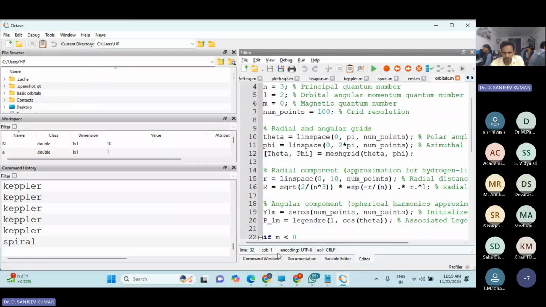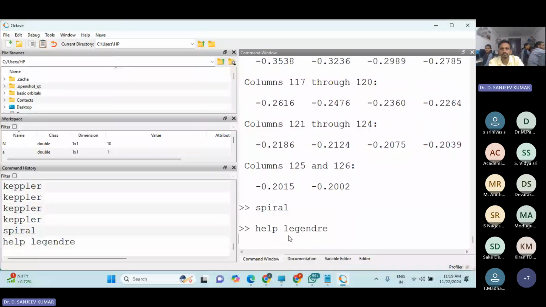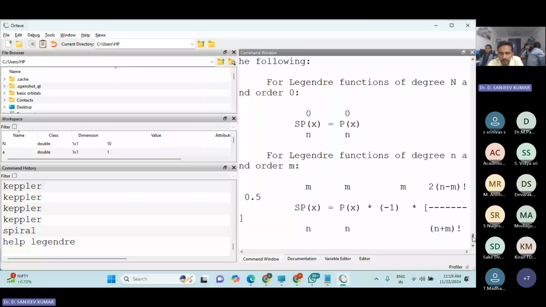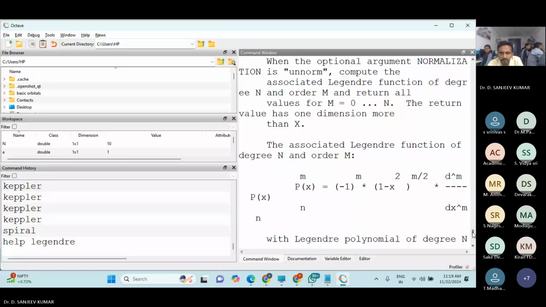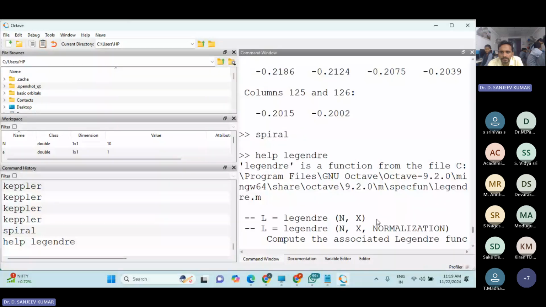You can see the help for that. Help legendre. So all special functions are now built-in functions for Octave. So legendre takes input n and x. So n and L values, and any normalization constant. This is not necessary for the time being. So let's say n and L values.